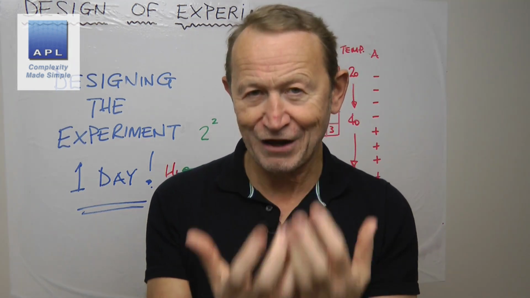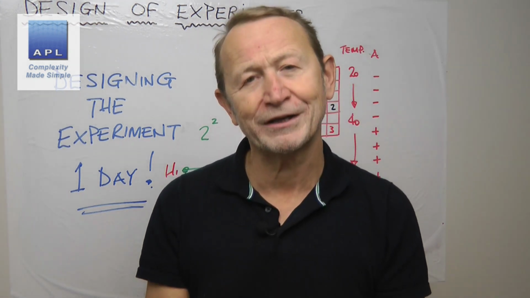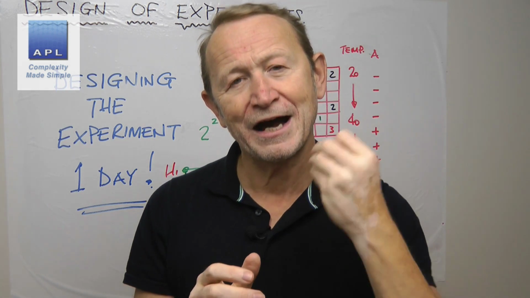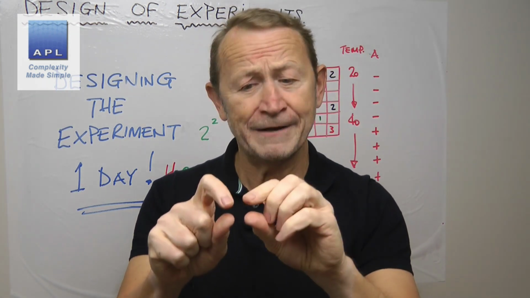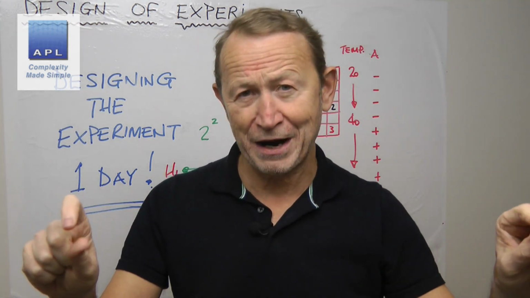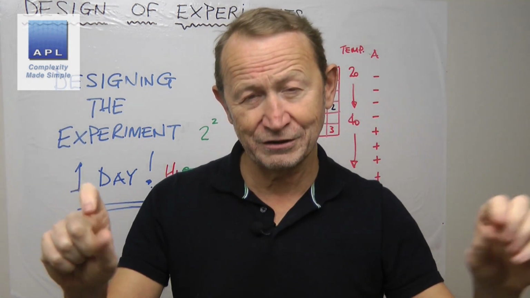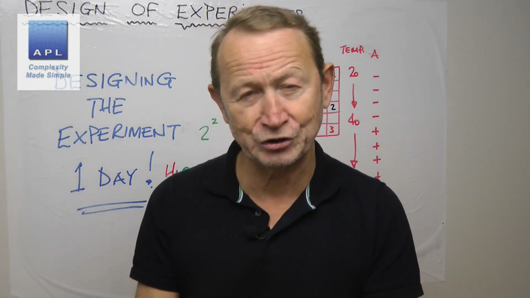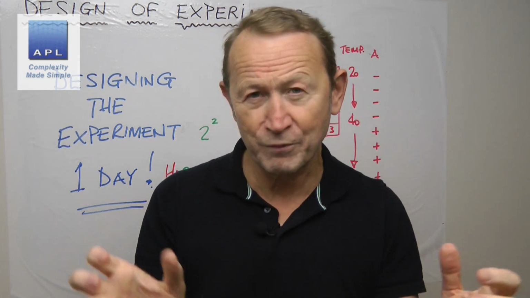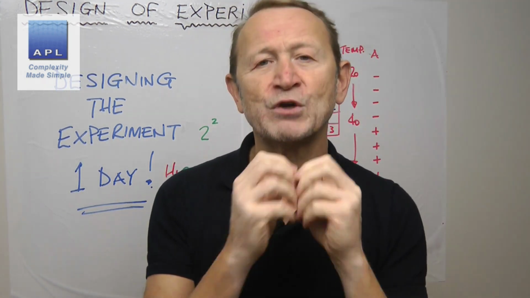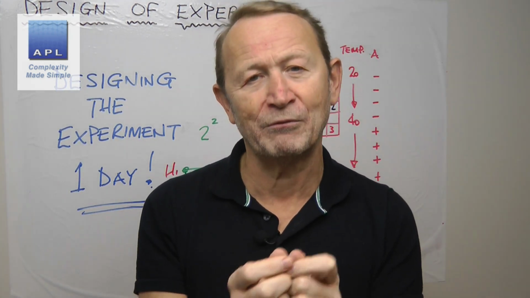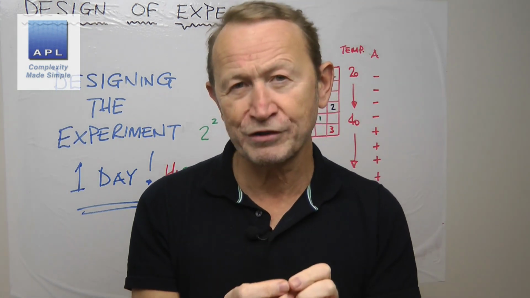So those are the type of things we're trying to get you to think through, and we're trying to get you to avoid. I've also had points where I've got well into an experiment, we've put the settings in, and the product wouldn't come off the end of the machine. And again, I had to compromise the pattern. I had to make it non-orthogonal. We're trying to avoid that type of problem. Don't get me wrong, can you always avoid it?